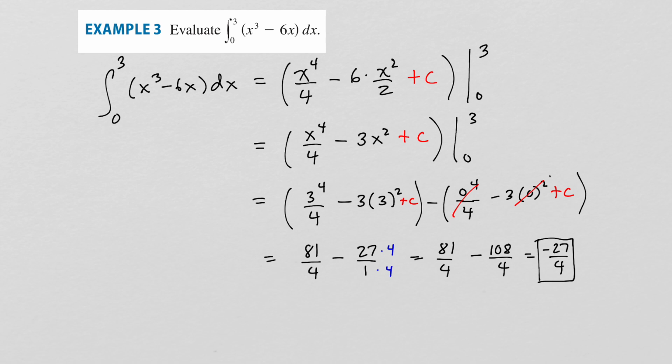The c doesn't change because it's a constant. So even though you're plugging in 3 and 0 for x, the c stays exactly the same. And when you subtract here, you are subtracting this c. And so you end up getting c minus c, which cancels anyway. So when you're doing a definite integral, don't put plus c. It's just a waste of time and extra effort.